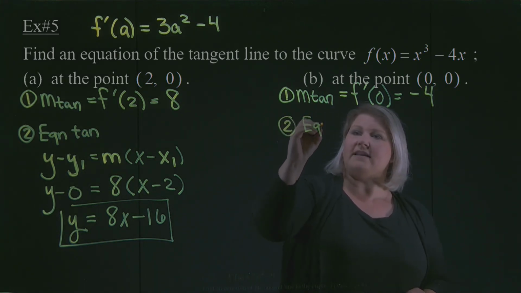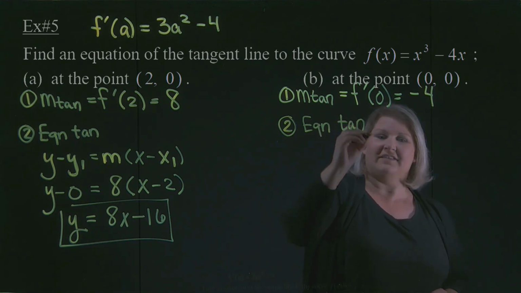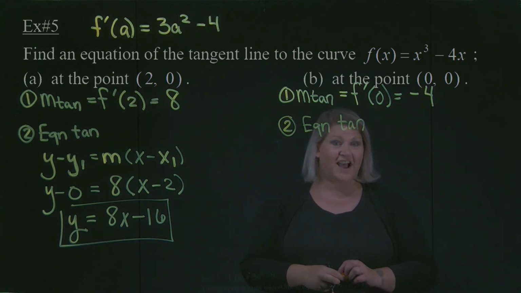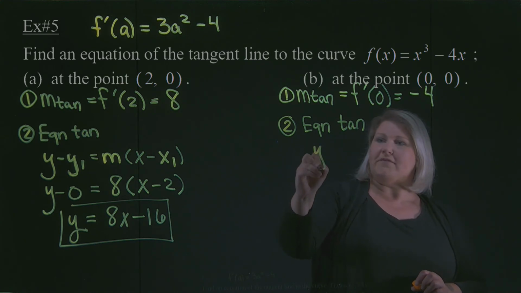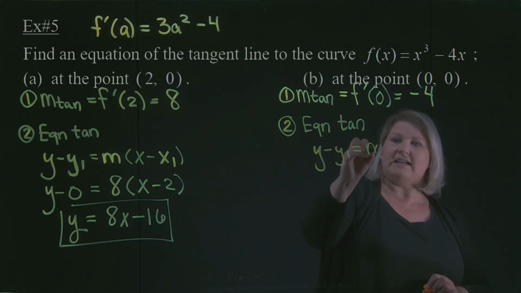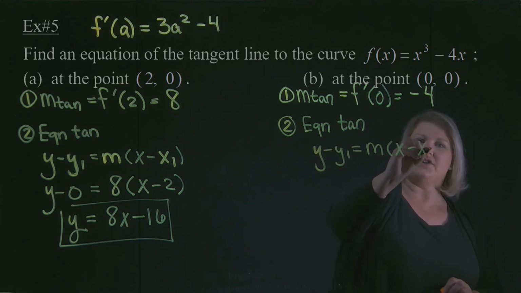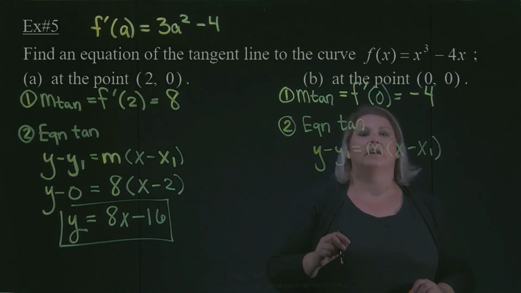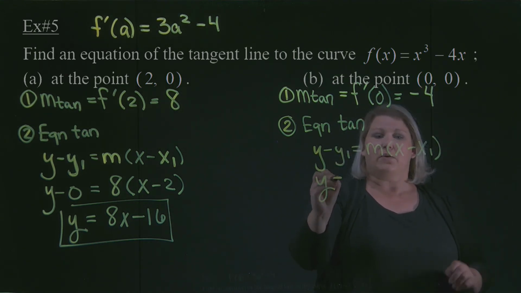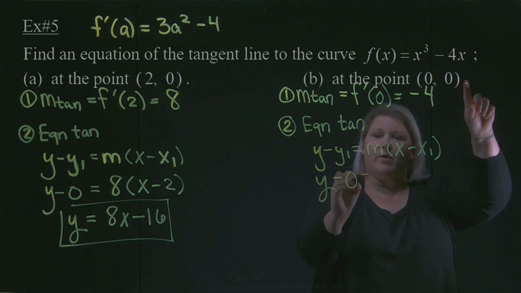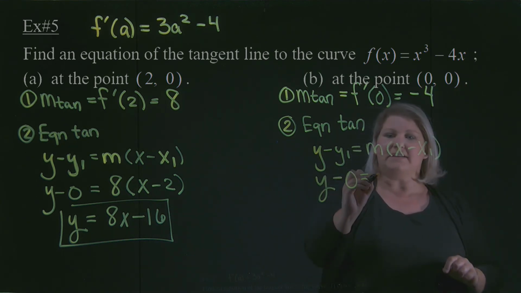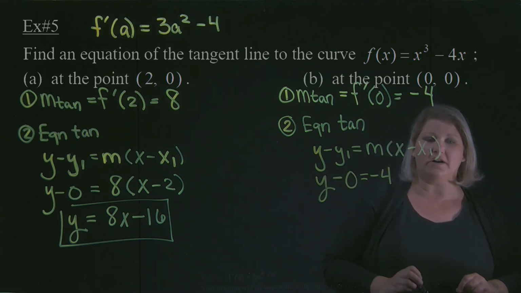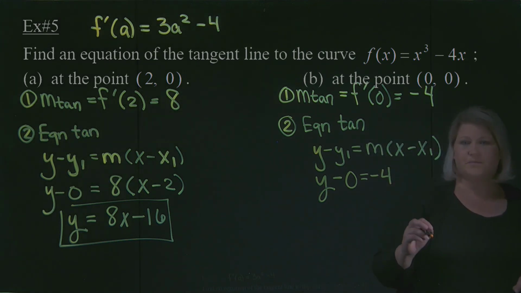Now I'm going to find the equation of the tangent line. So I'm going to write down my formula for finding the equation of a line. My y coordinate happens to be 0, so I'm going to have y minus 0. My slope is negative 4, so I'm going to plug in negative 4.